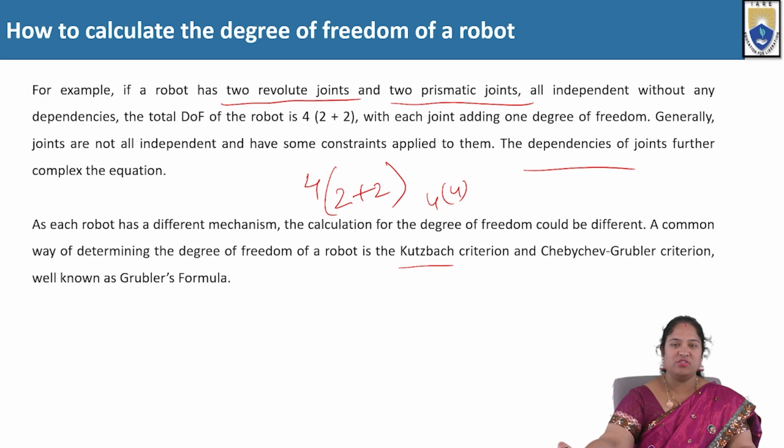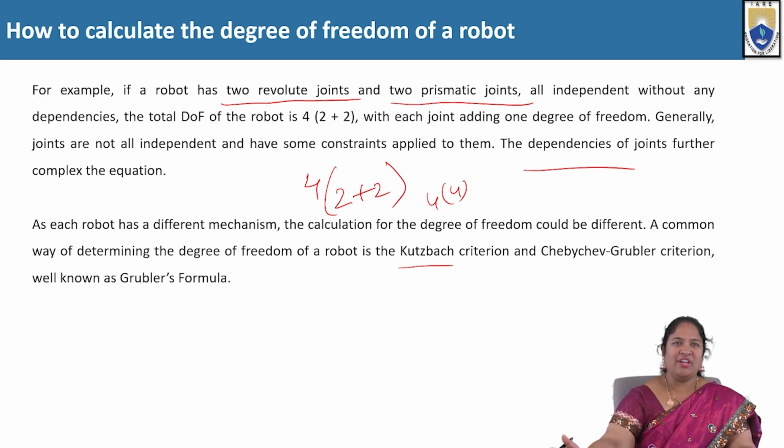We all know each robot will have a different mechanism depending upon the application and the usage. So each robot has a different mechanism, and the calculation of the degree of freedom will also be different depending upon the type of mechanism.